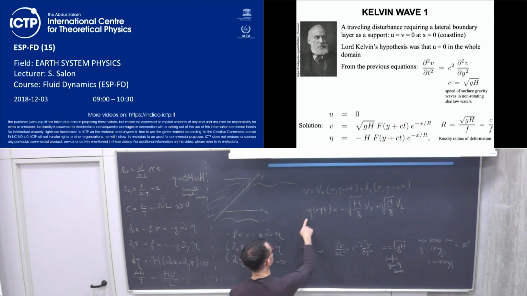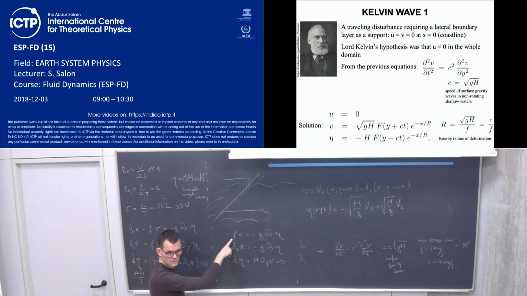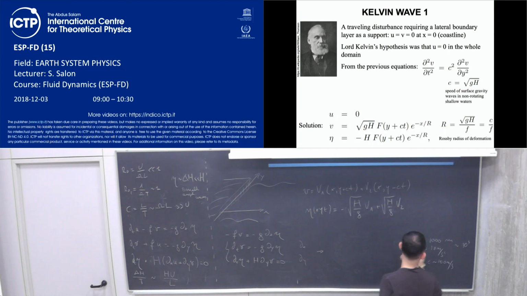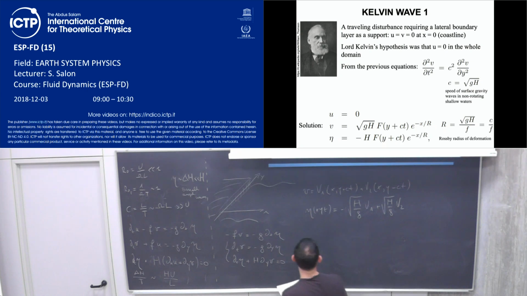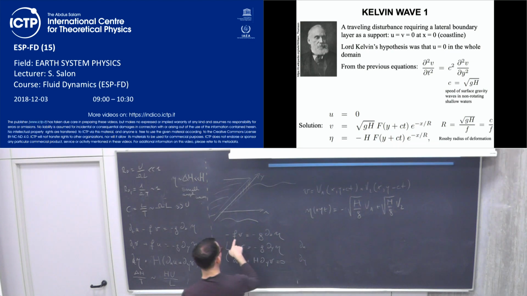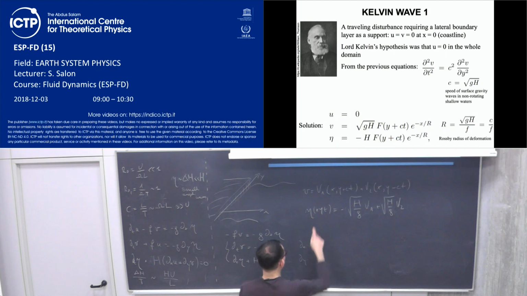So now, if we put these two terms in the first equation, in the x momentum equation, we can separate the two equations, and what we will have will be minus f multiplied by v1 plus v2 minus g, and then I will have to make the x derivative of the expression of eta.